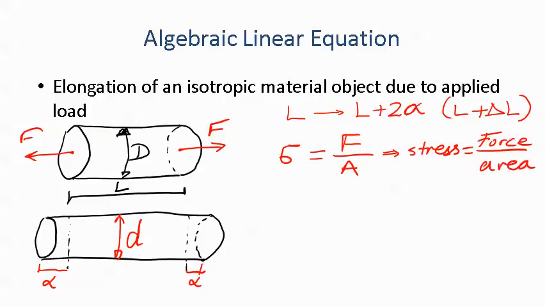Another quantity that we have in engineering is called strain. And strain is given as the stress divided by the Young modulus. The Young modulus, or modulus of elasticity, is a material property.